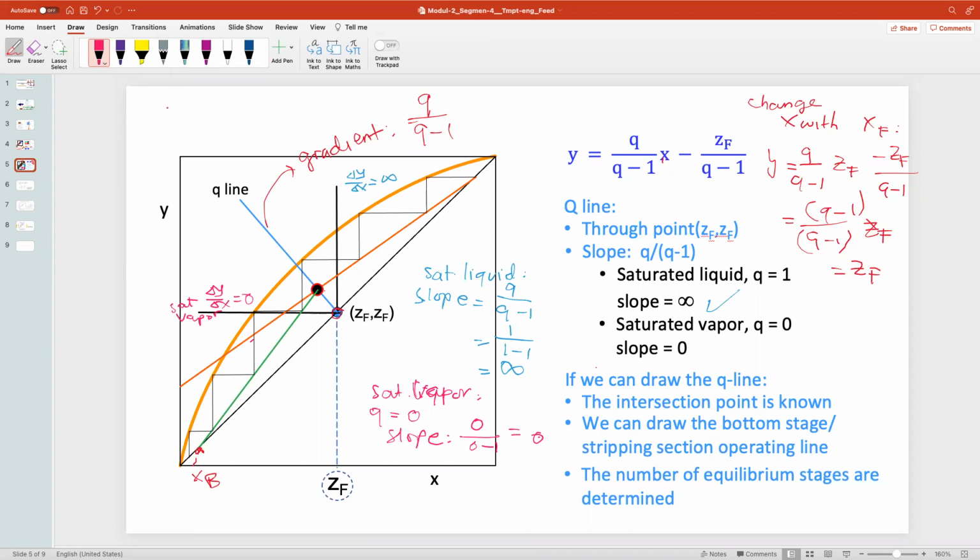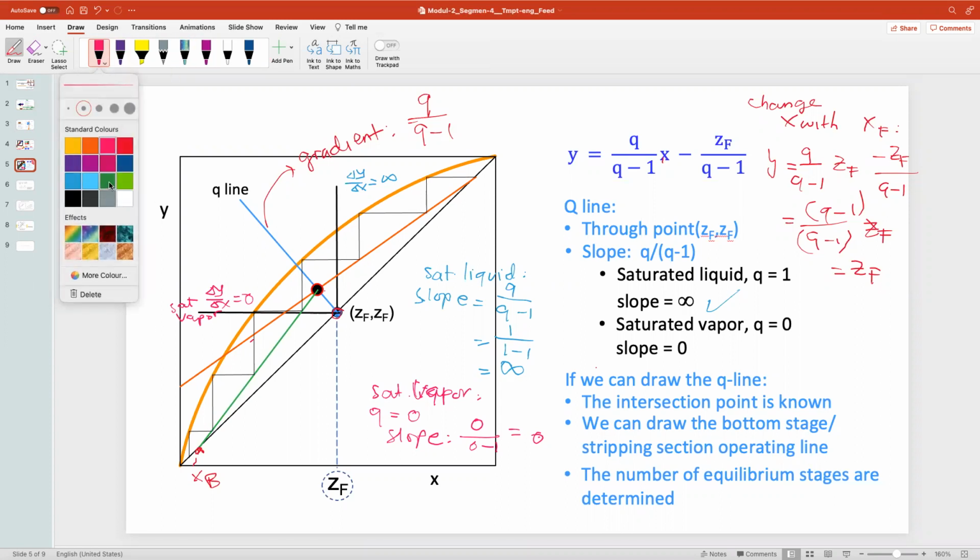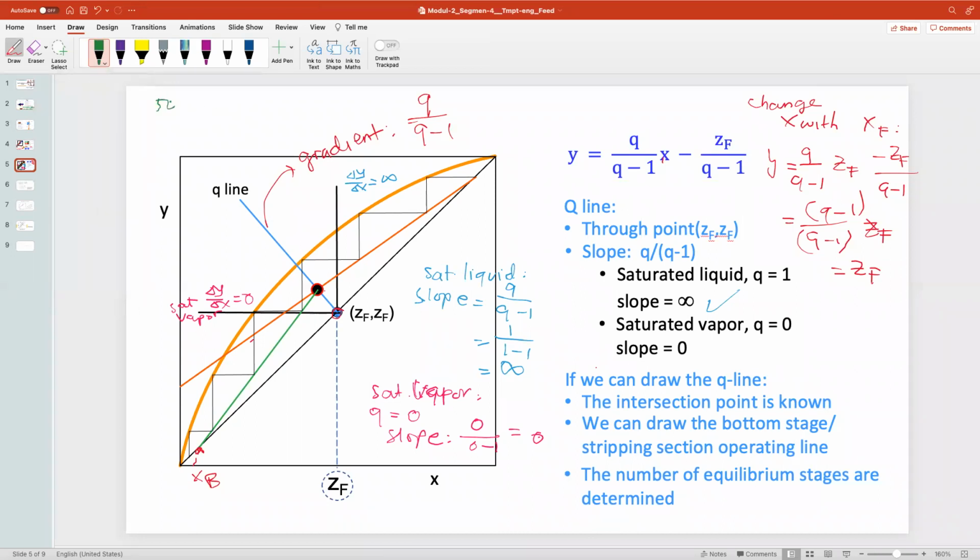Now I have a feed that is a mixture: 50% liquid, 50% vapor. What is the Q? Q is the liquid fraction, because when it is saturated vapor, Q is equal to 0; if there is no liquid, Q is 0.